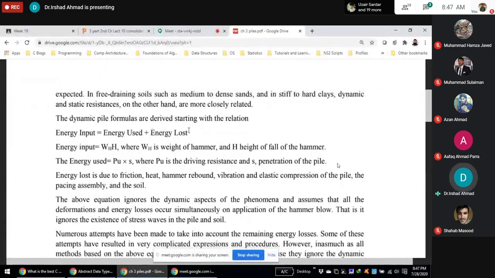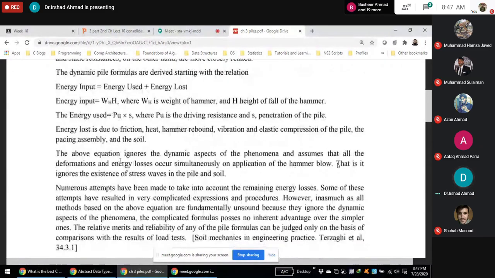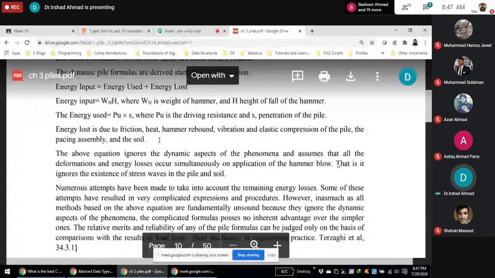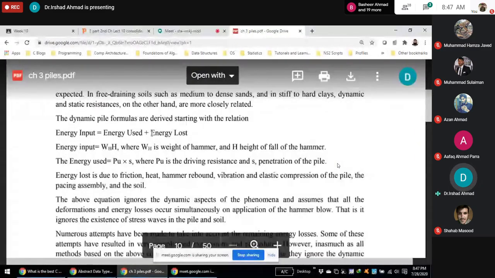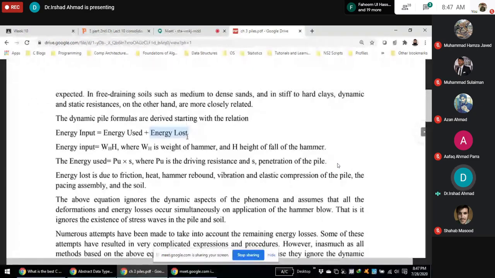If you know the energy loss, you can find the Pu value, which is the ultimate capacity of the pile, right? So as I said, there are many equations that have resulted in the literature because of this energy loss component.